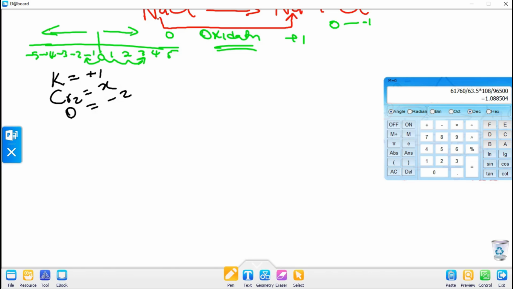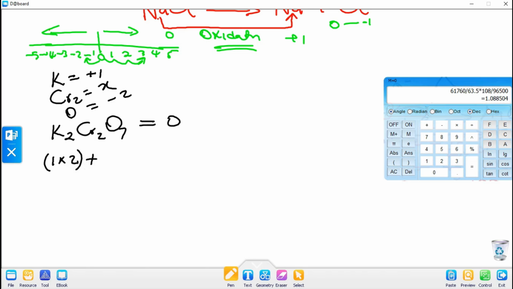So how do we go about that? The compound is K2Cr2O7. And we are told that the oxidation number of a compound like this, we just equate it to 0. So if we are to solve this now, since the oxidation number of potassium is +1, and there are 2 potassiums there, this is going to be 1 times 2.